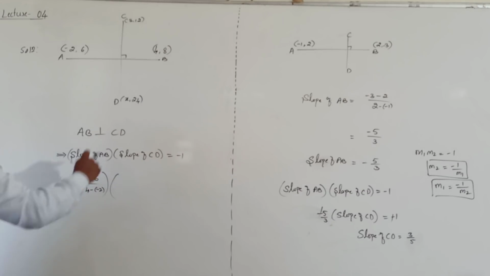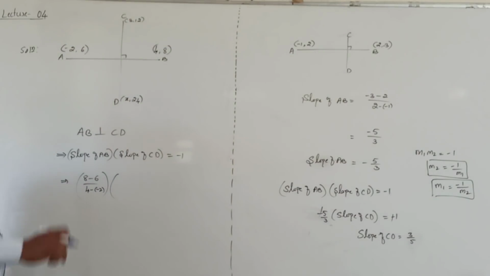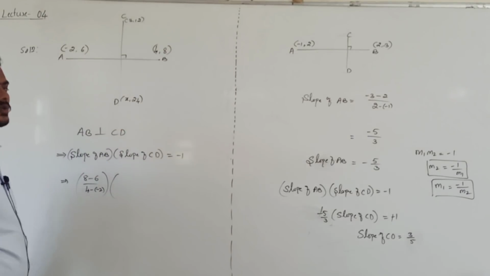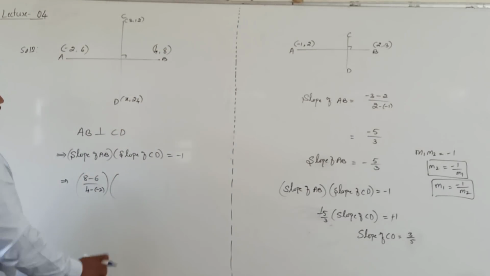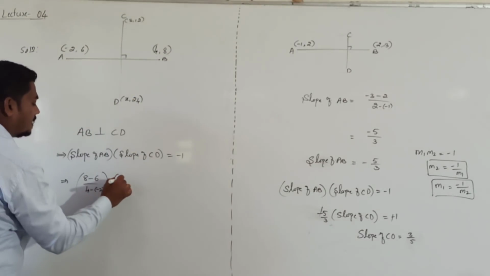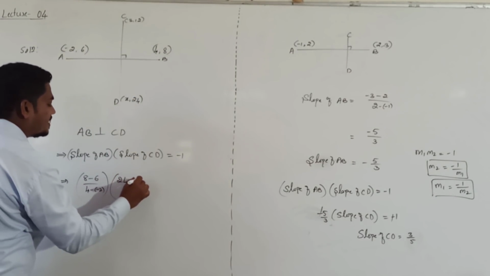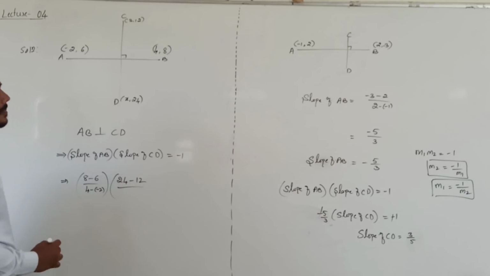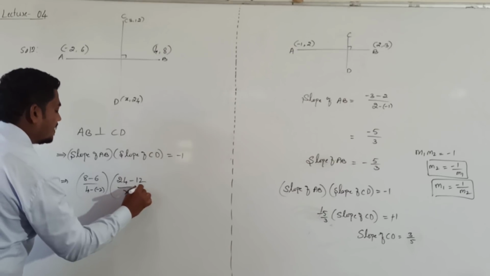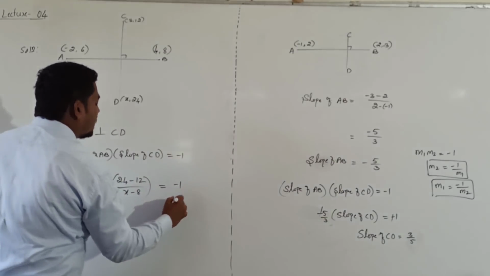Then what is the slope of CD? Use the two-point formula again. Take this point as x1 y1 and point D as x2 y2. Then y2 minus y1, that is 24 minus 12, divided by x2 minus x1, that is x minus 8, that's equal to -1.